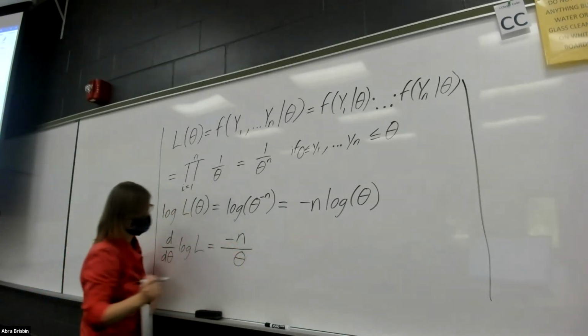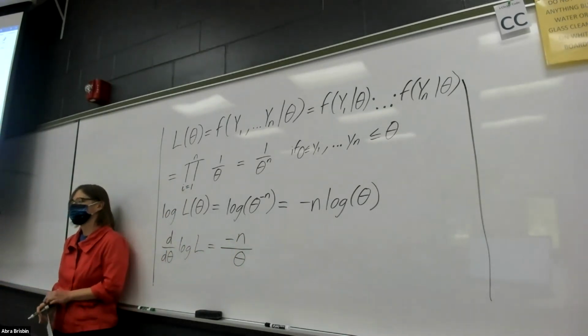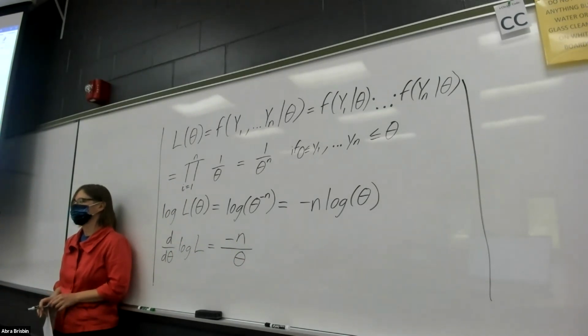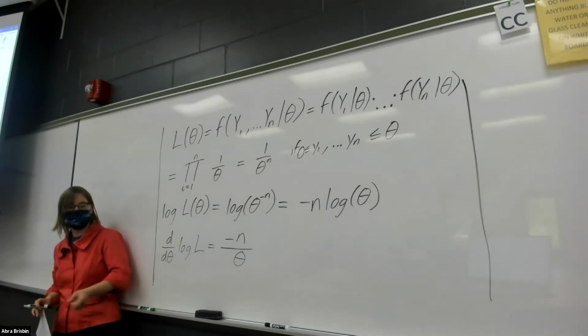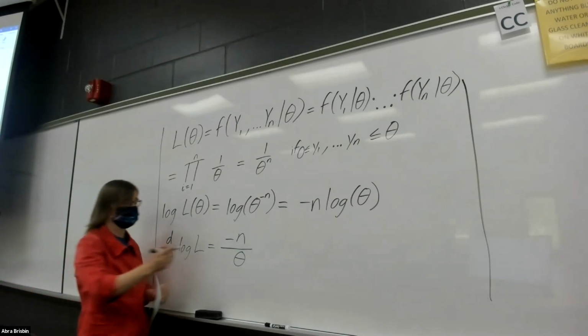So negative n over theta. What's the next step? Before we solve, we should set this equal to something. What should we set it equal to? 0. Set it equal to 0.